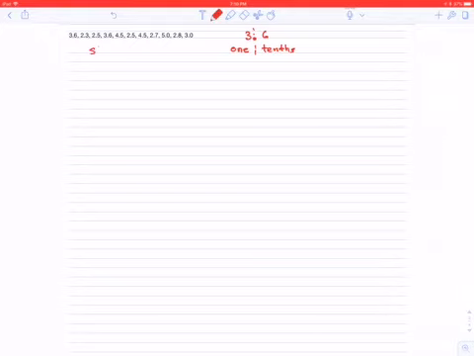So for my stems, my data goes from the whole numbers from 2 to 5. So the leaves will just be the tenths digit. So 3.6.